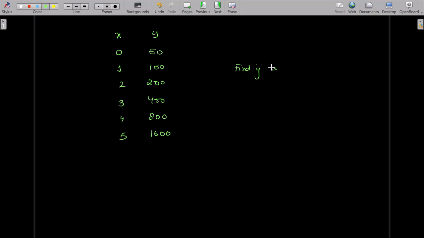Would you plug it into the formula? Which formula? The compound interest formula? Compound interest, okay. Yes, so can you tell me what will be the formula in this case?